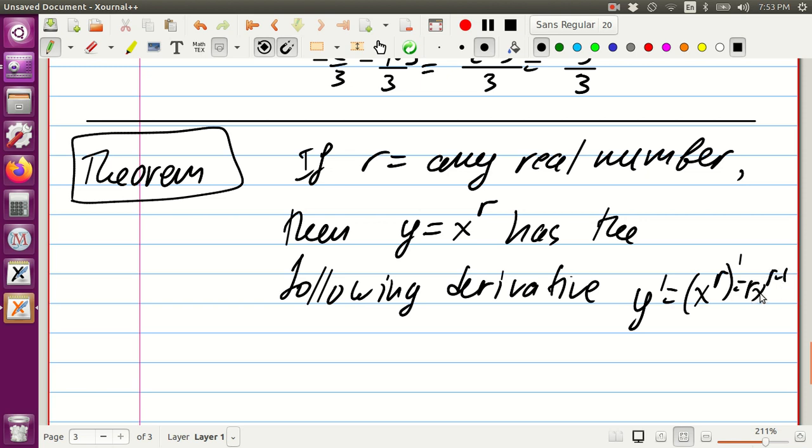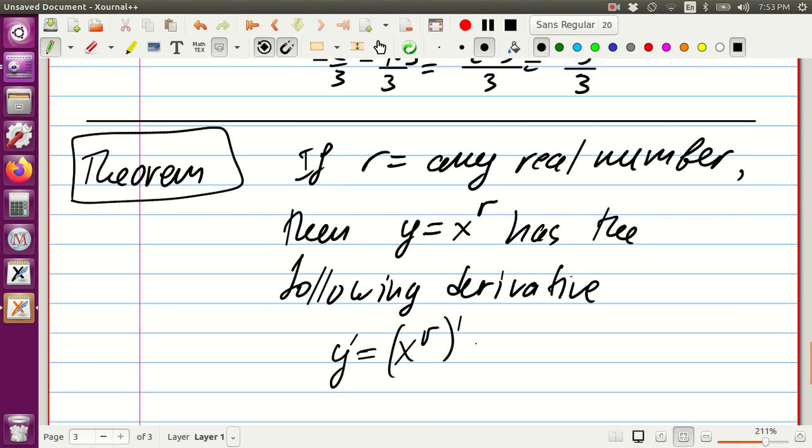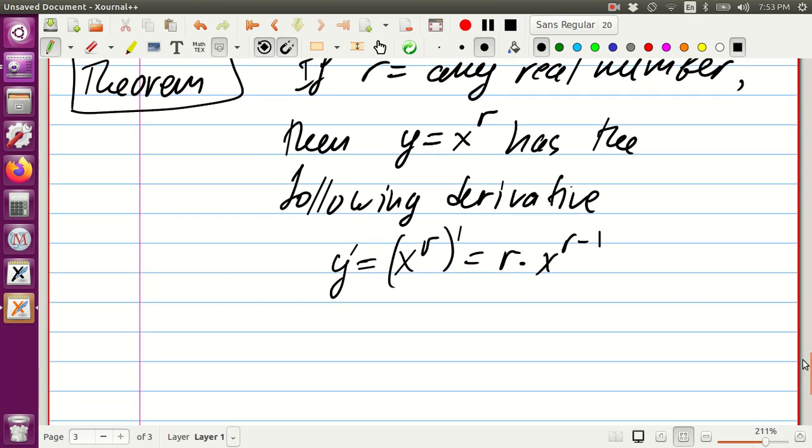So we have the same rule as before, so the derivative of y is y prime equals derivative of x to the r is equal to r x to the r minus 1, but for r we can use any number that we want.